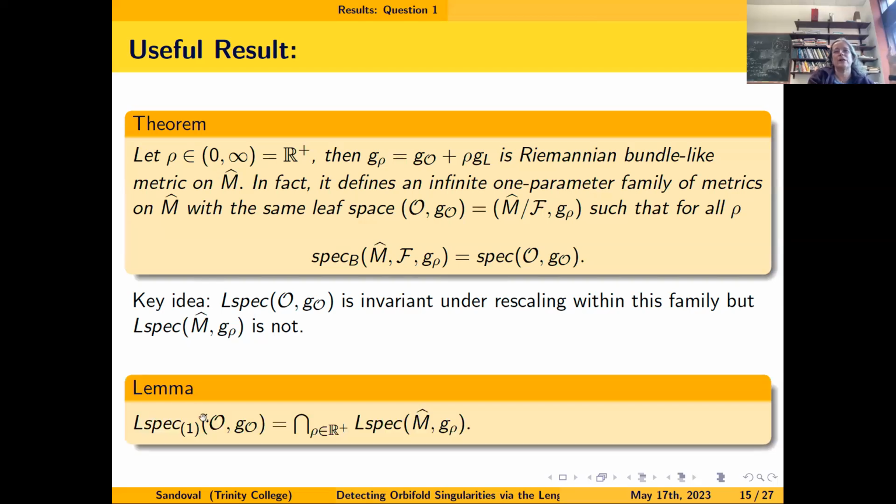So here's a little lemma that's easy to show. The length spectrum of the smoothly closed geodesics on the orbifold is just the intersection over all rho here. Okay. So anything that's smoothly closed will show up here.